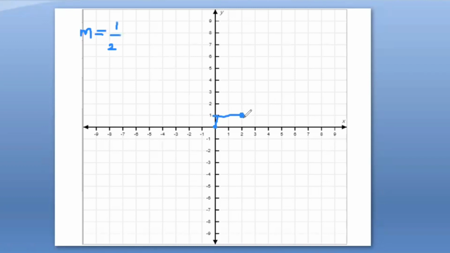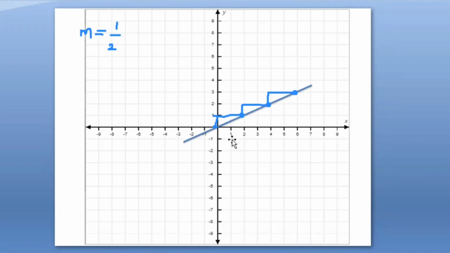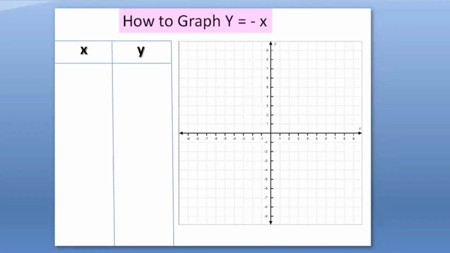Then again, 1 rise and 2 run on the x-axis, and I draw the line through the given points. I got this graph for the given equation, and it is a positive slope graph, so it moves from left to right.